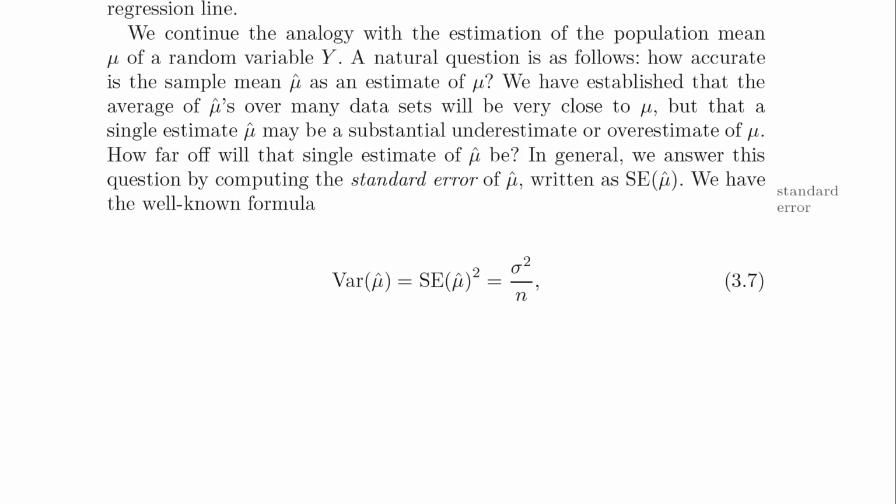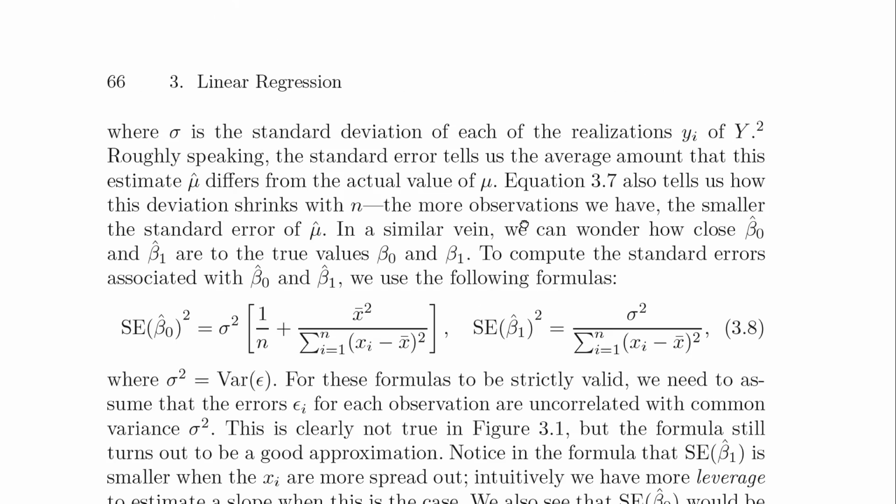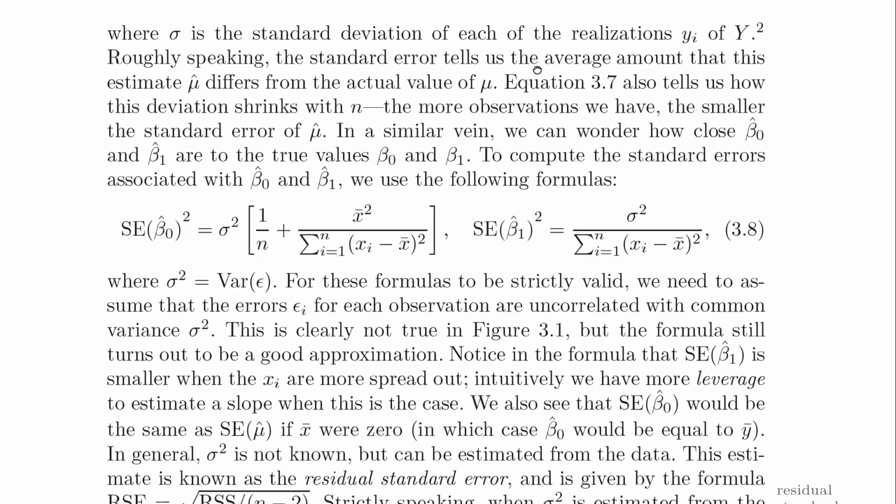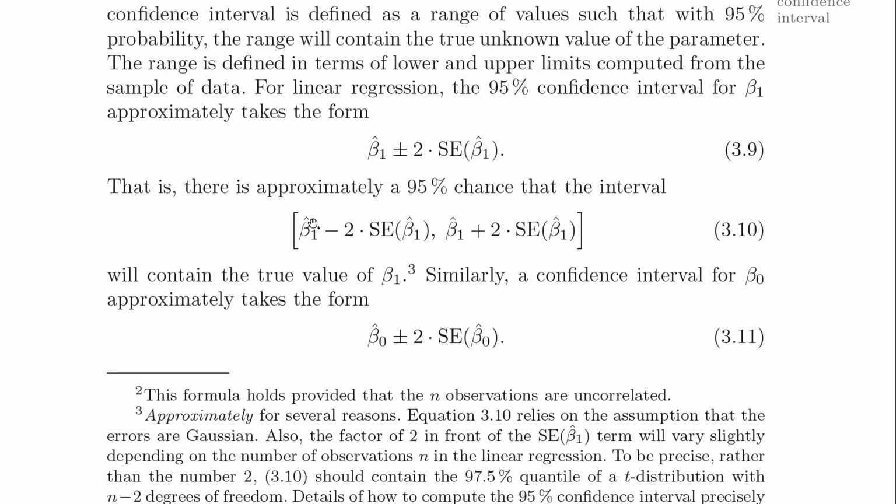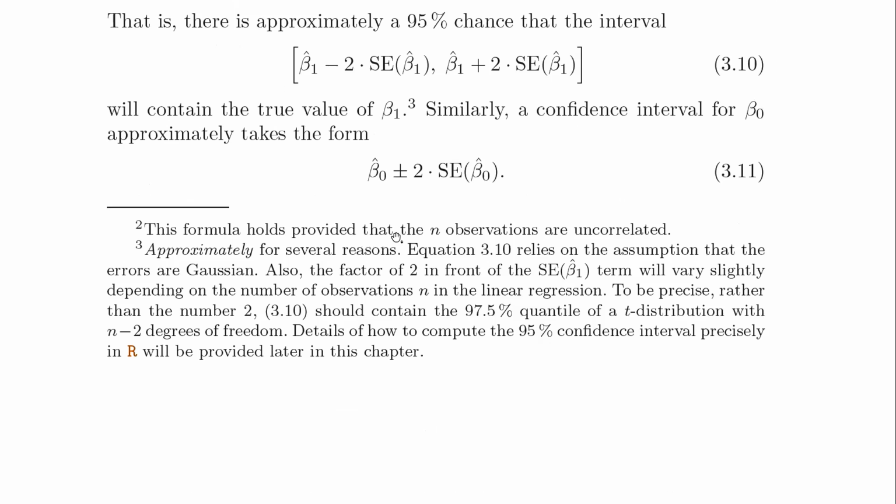You can't control that sigma, but you can counteract it by taking larger and larger observations. Okay, and we have a footnote. Let's see. This formula holds provided that the n observations are uncorrelated. I see.